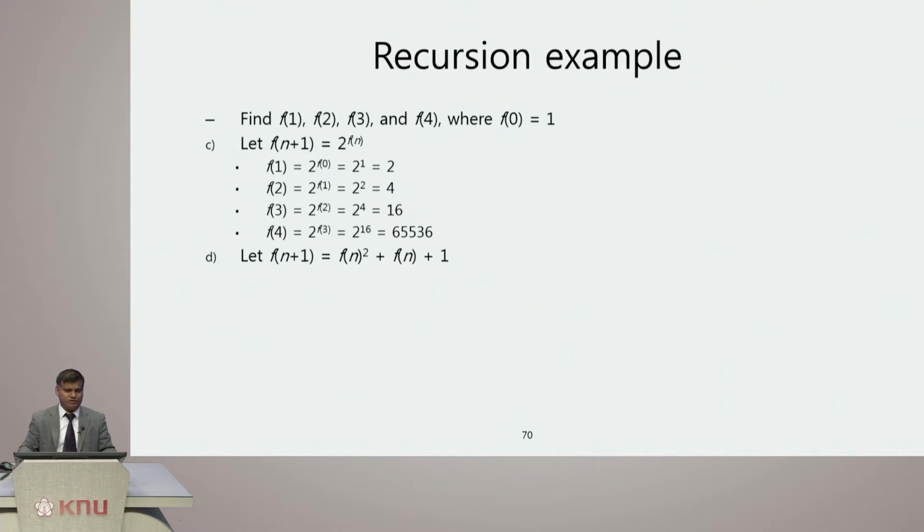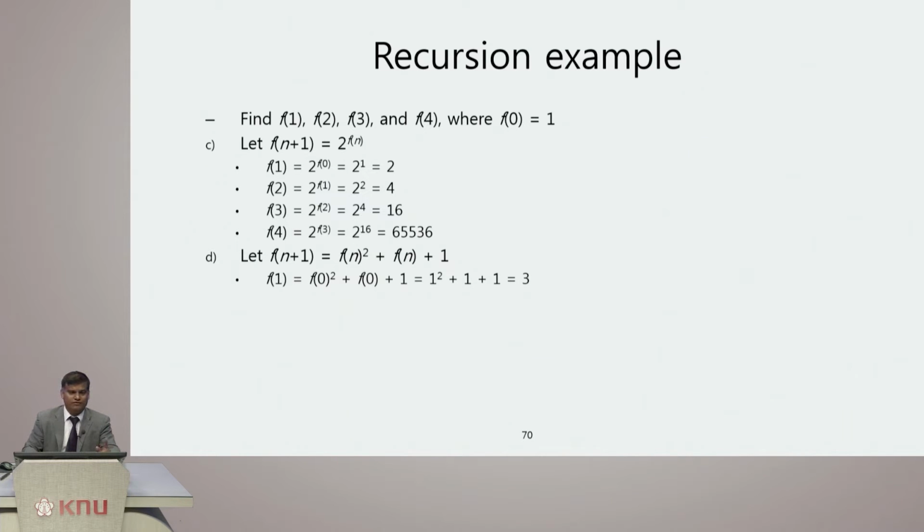F of n plus 1 equals f of n square plus f of n plus 1. So f of 0, again we can take that here, is given to be 1. So f of 1 equals f of 0 square plus f of 0 plus 1. That is 1 square plus 1 plus 1, that's 3.